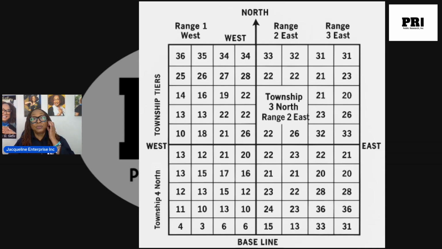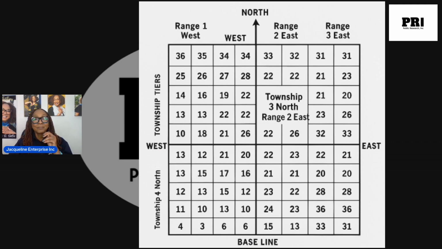Okay, so if you look there, you can see the township. Everybody see the township? The township measures 6 by 6. It's got a total of 36 square miles, and it measures 6 miles by 6 miles. Each township contains how many sections? 36 sections.